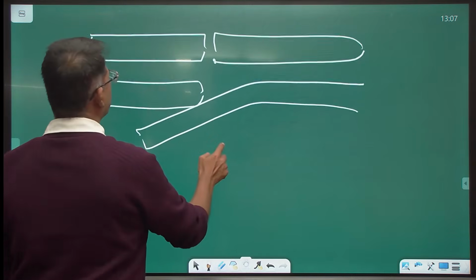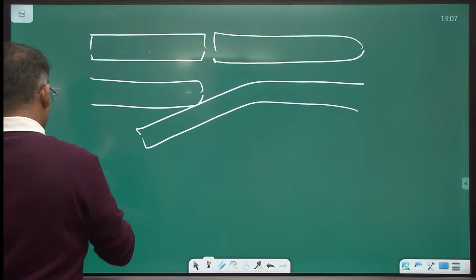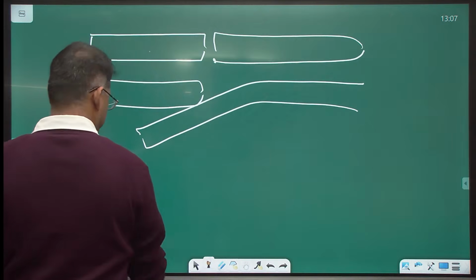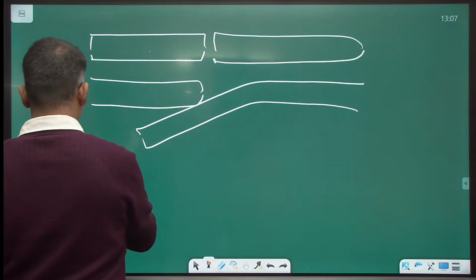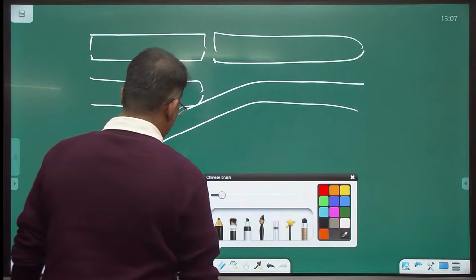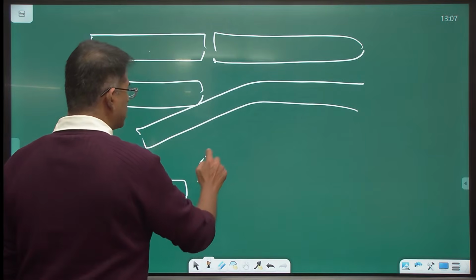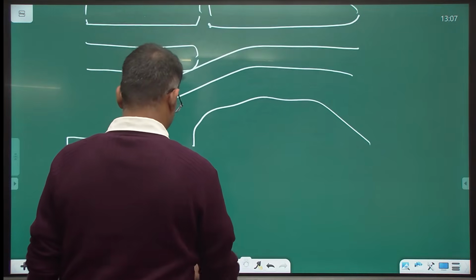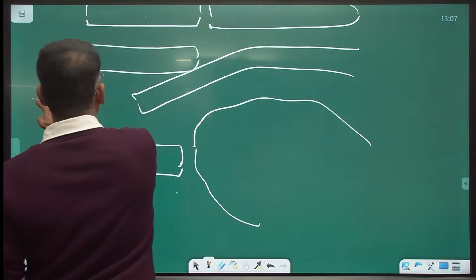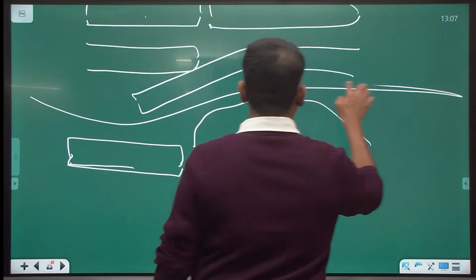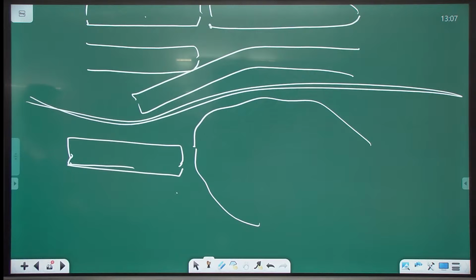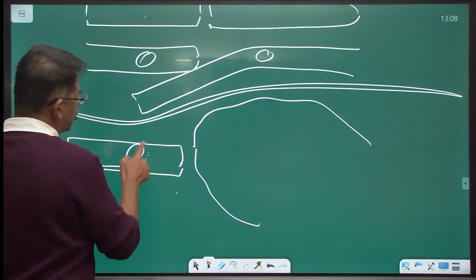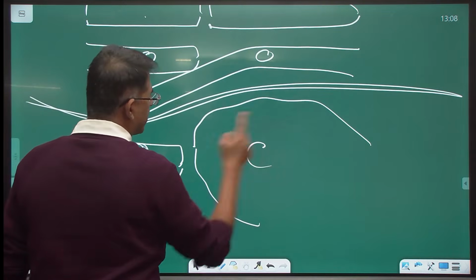Now I'm discussing one of the blocks is ocean and the other block is a large continent. So you understood this. This is ocean. Now I'm saying on one side there is ocean and on the other side there is continent.